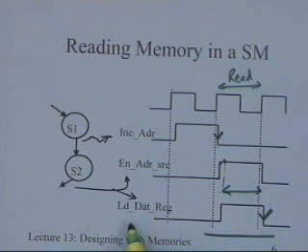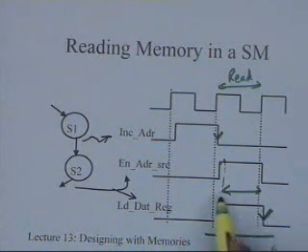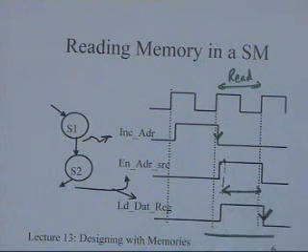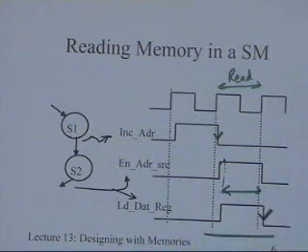The only thing I had to remember is I had to load at the falling edge. I had to make sure that I load my data register, because after all this is the time that is given for the memory to read. So the whole operation can be done in one clock cycle, or one state of the state machine. So designing a read of the memory in a state machine is fairly simple.